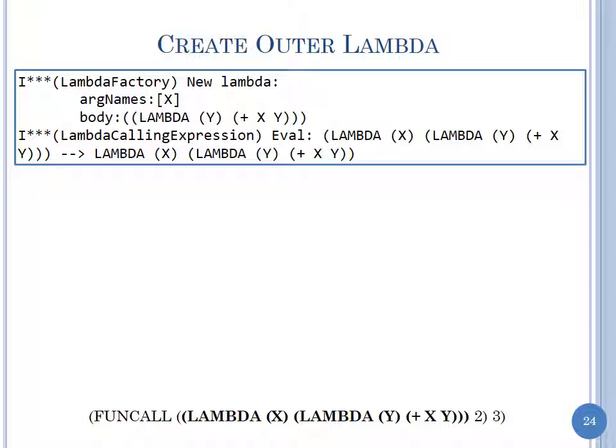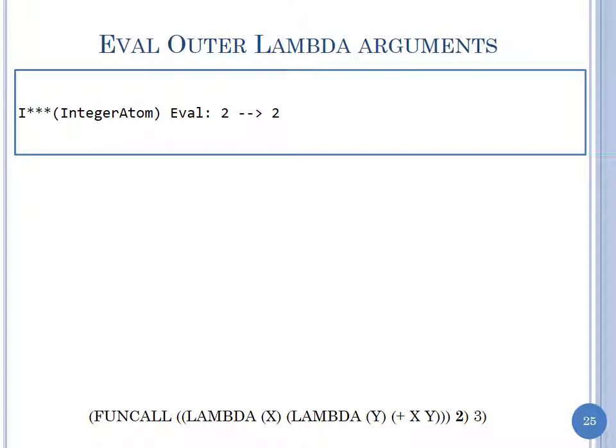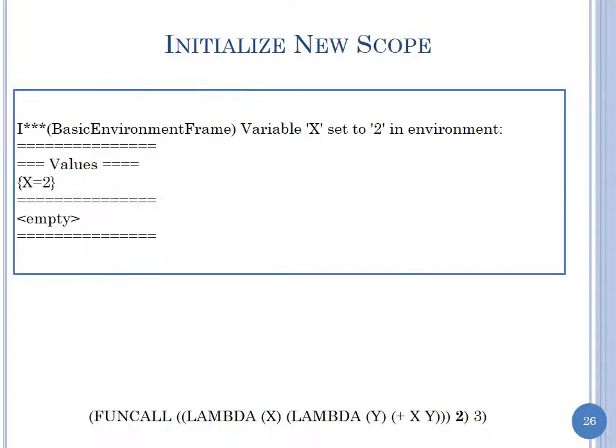So the outer lambda has a parameter 2. We evaluate that as before. We assign that to a child environment, as we did before. We are doing the same kind of steps.